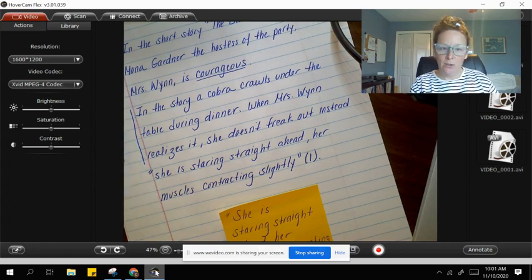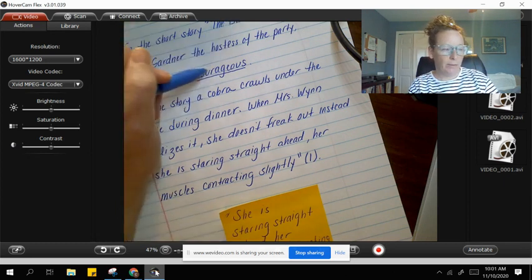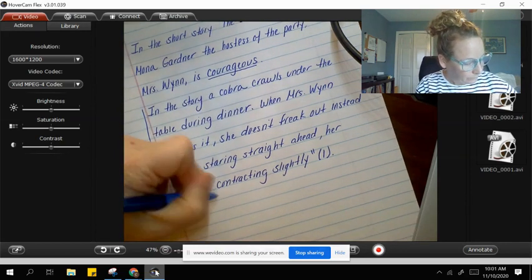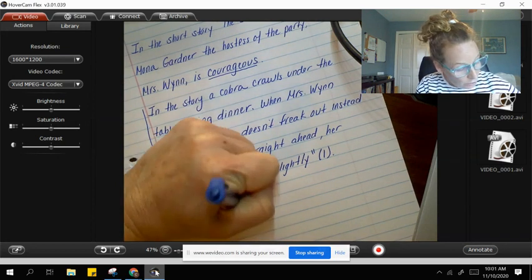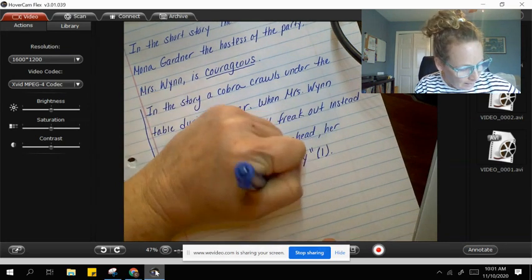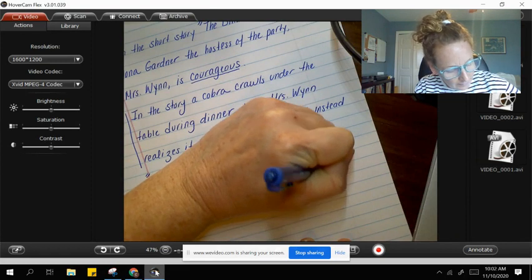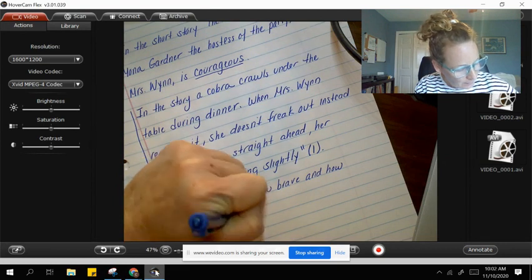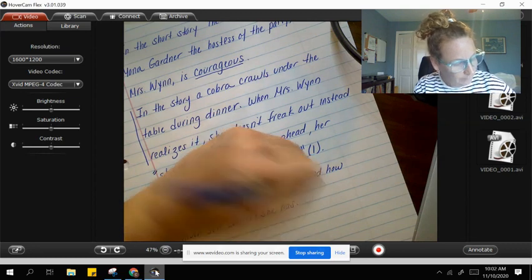So the last thing that I need to do with my quote is my elaboration. This is when I'm going to explain how this quote connects to her being courageous. So I'm going to say her actions show how brave and how much self-control she has.